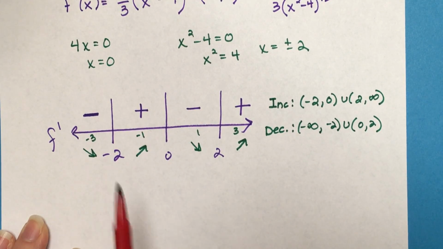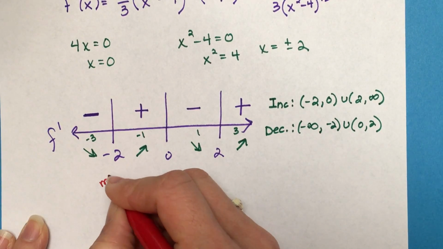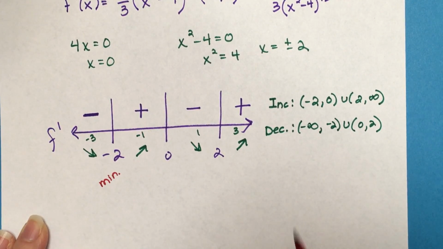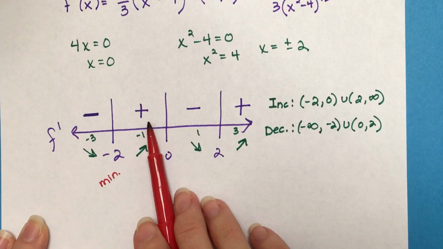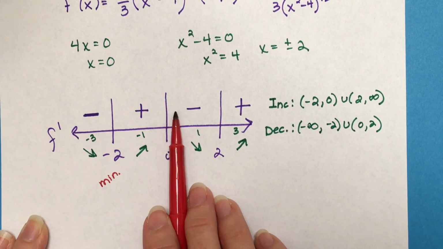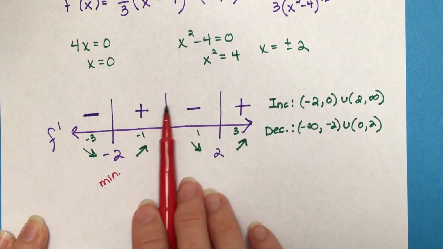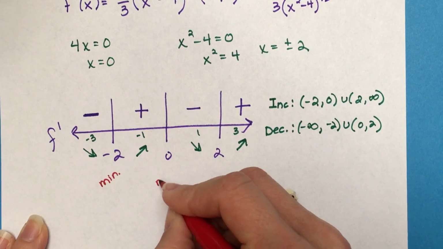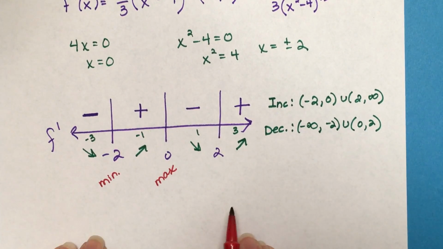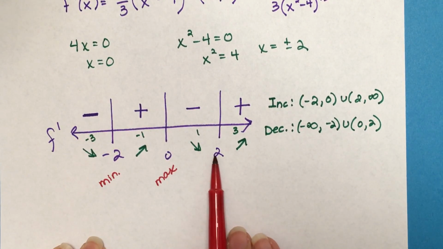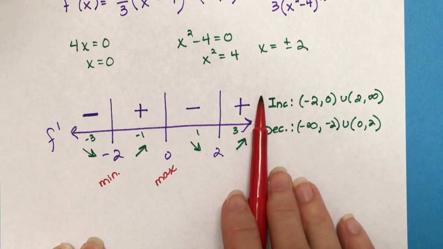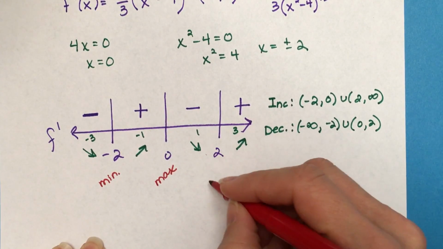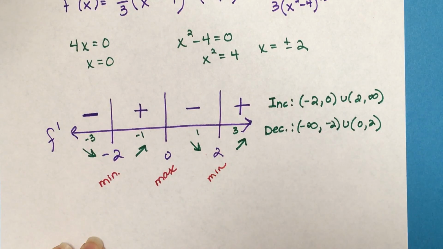So that means here at -2, you would actually have a minimum value. Then if you go increasing and then you have to change to decreasing, that's making a hill. So this is going to be a max. And then here I decrease and then I turn and increase, so that's making a valley. So this would actually be another minimum.